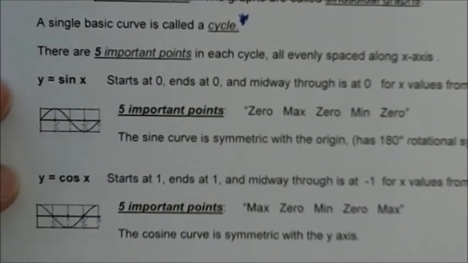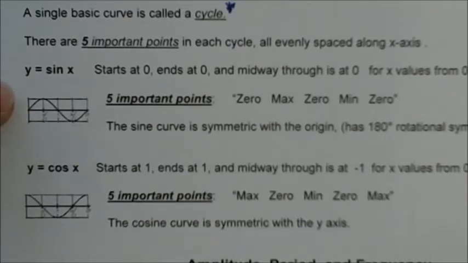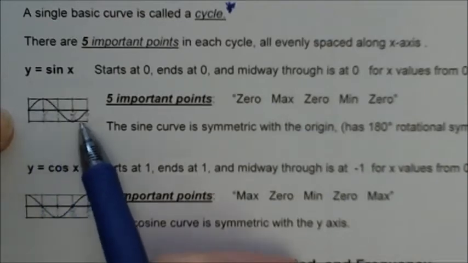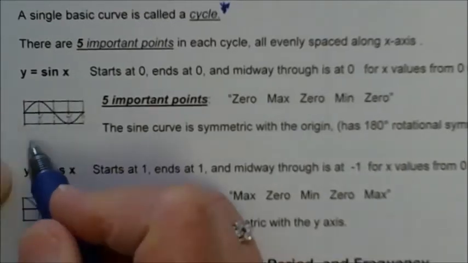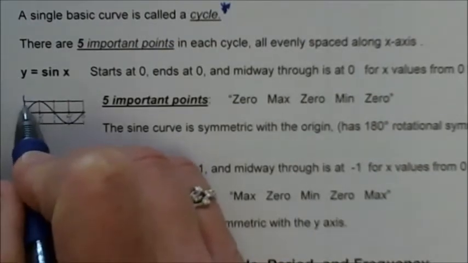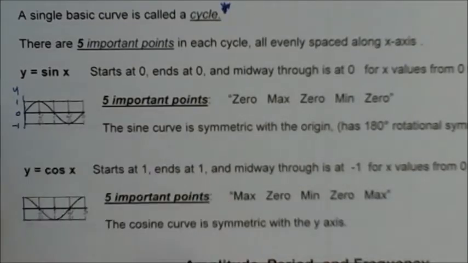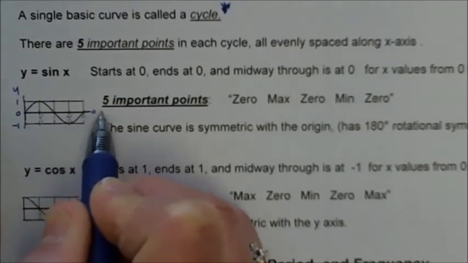So what we have here is a small sketch of y equals sine x of one complete cycle, or one single basic curve of our sine graph. This here is our y-axis, with -1, 0, 1, and this is our x-axis.